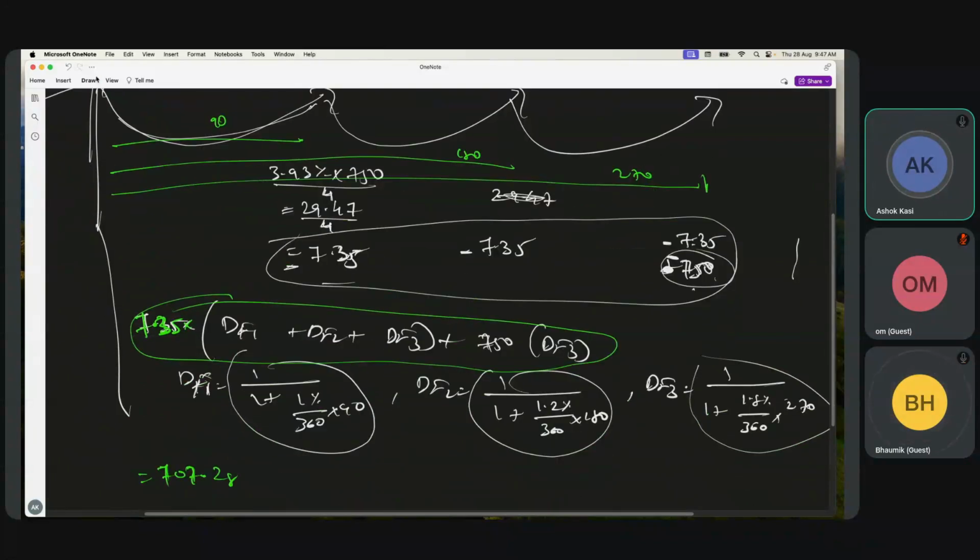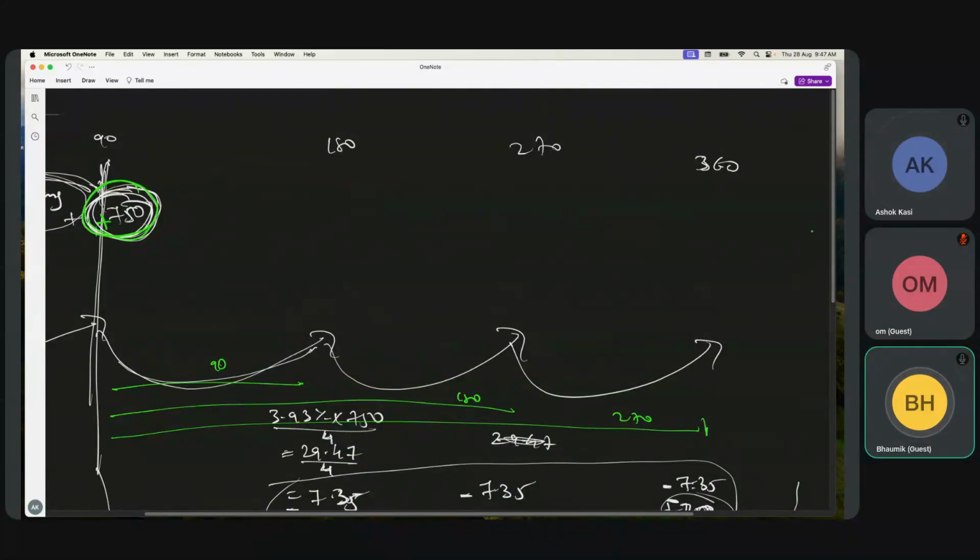Okay, wait, I'll just see the book. This calculation is wrong.